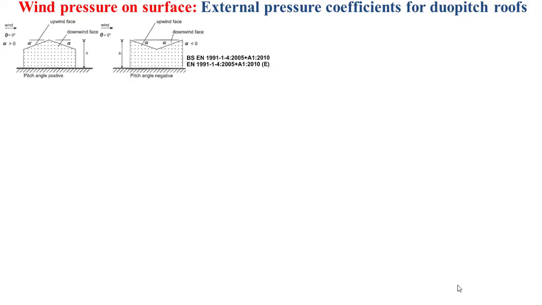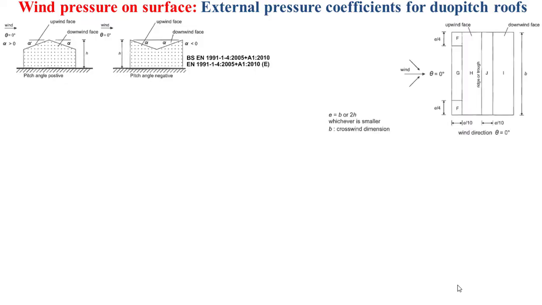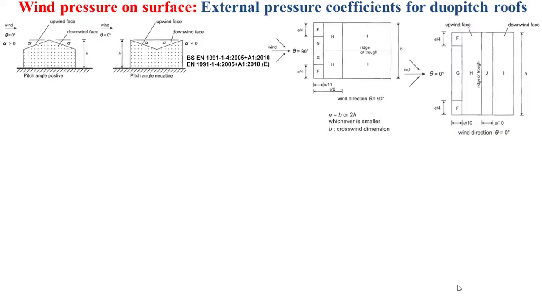And as you can notice, the angle of the duopitch roof can be positive or negative, here the angle alpha. And based on the direction of the wind, we can obtain the pressure zones for the wind direction theta equal to 0 degree and the pressure zones in the roof for a wind direction theta equal to 90 degrees.